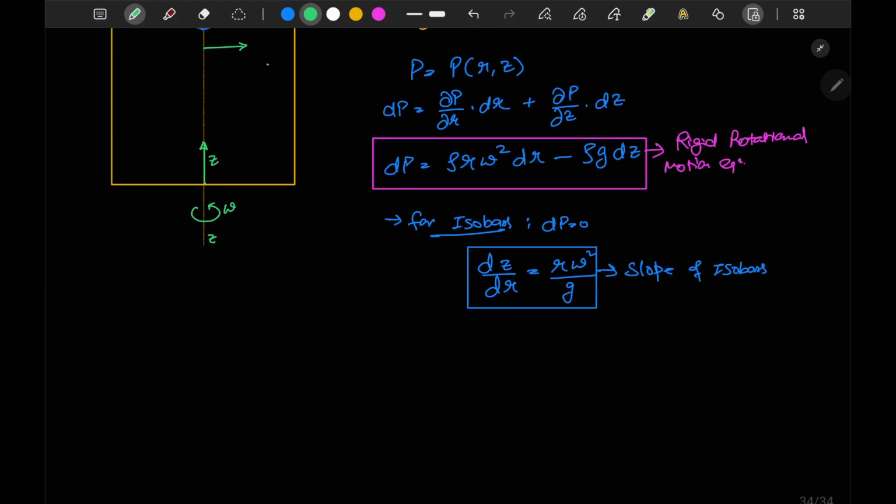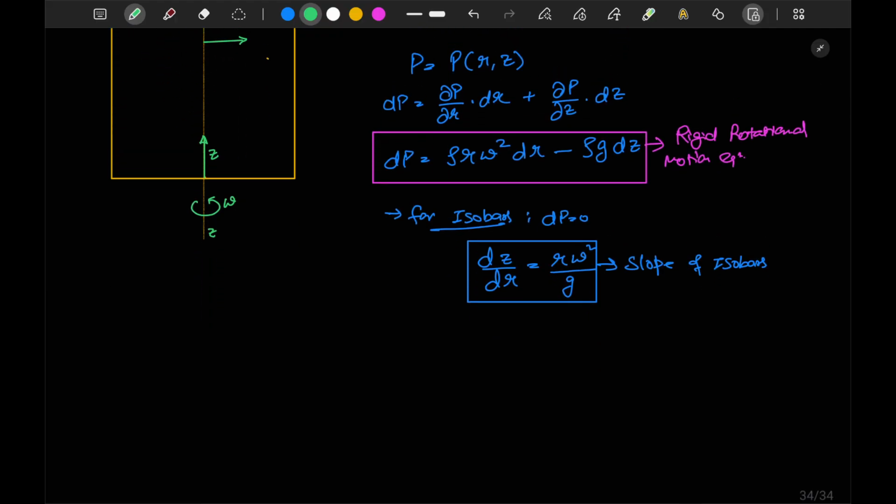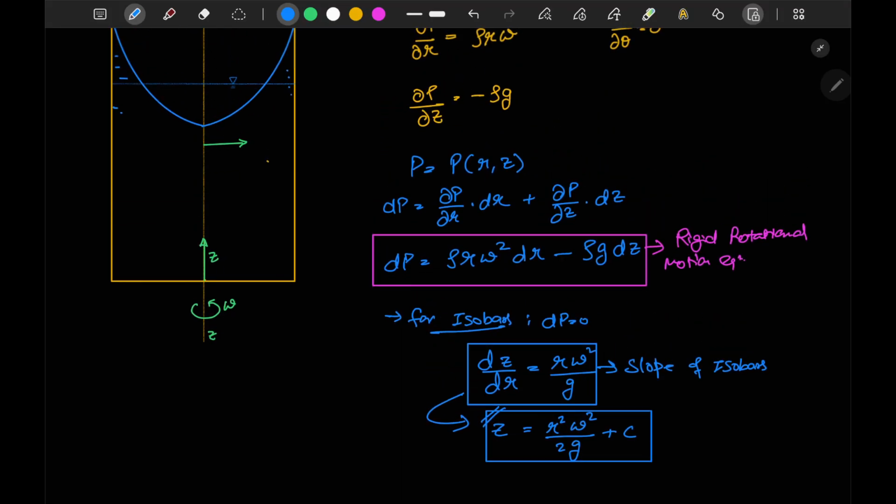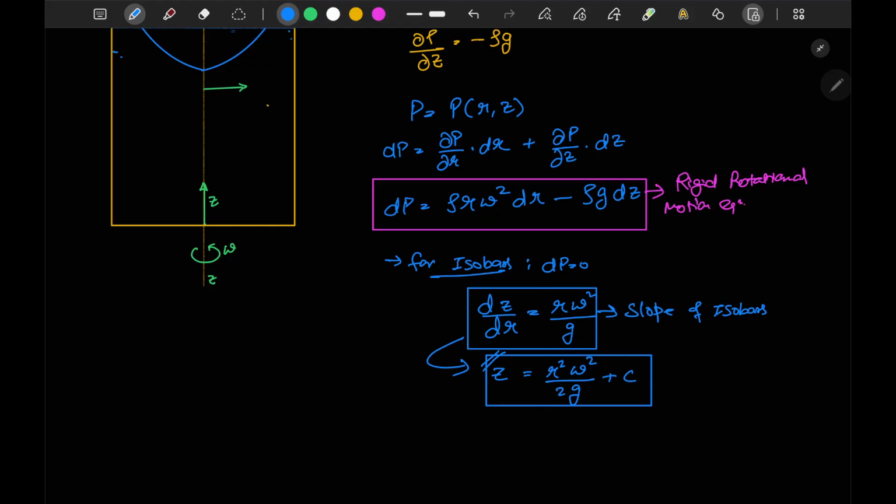Let's integrate this term: z is equal to r square omega square by 2g plus some constant. So the height of a constant pressure surface is directly proportional to r square, which means the isobars are parabolic in nature.